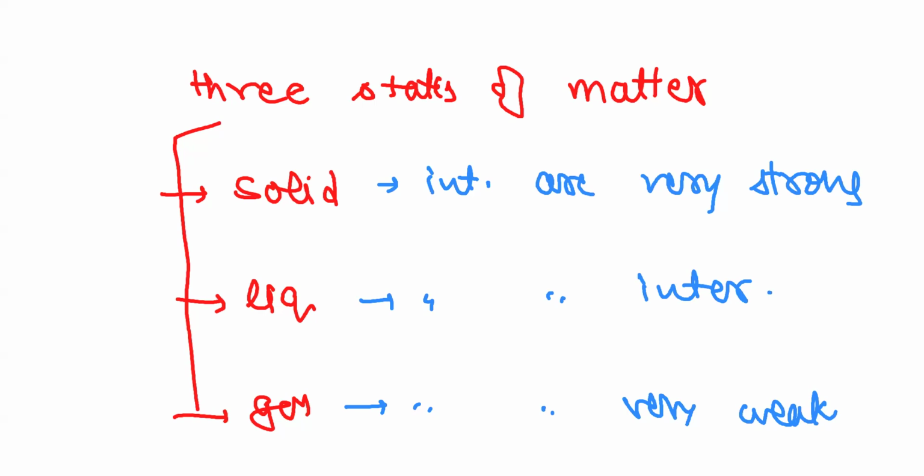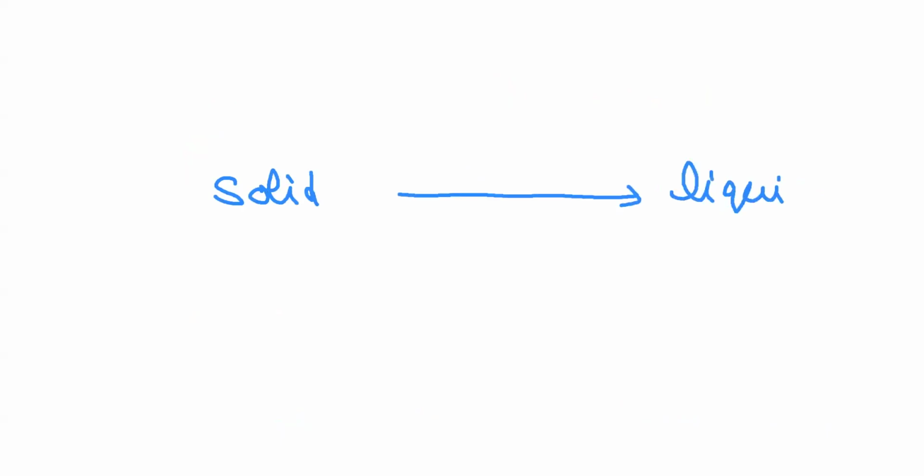Now we are moving on to the next point, that is conversion. When we convert solid into liquid, what is the name of this conversion? This is melting. Very good. Tell me, will this process absorb heat or release heat? This will absorb heat.